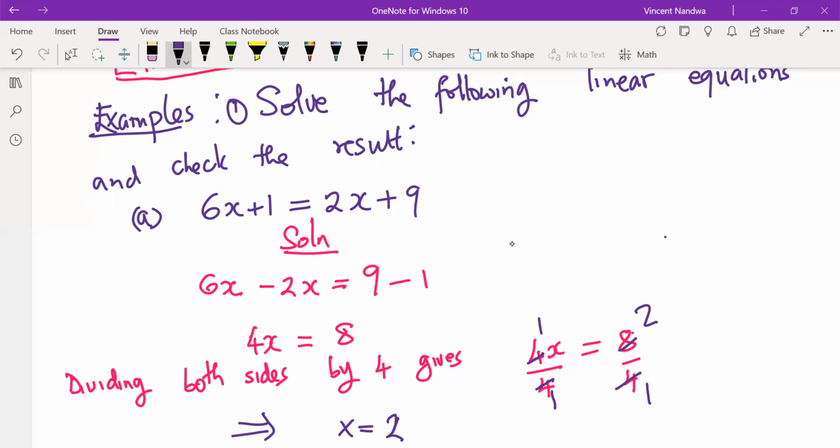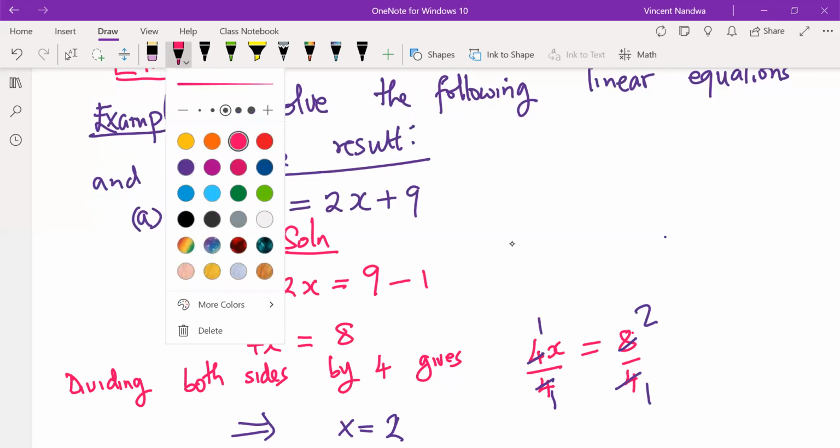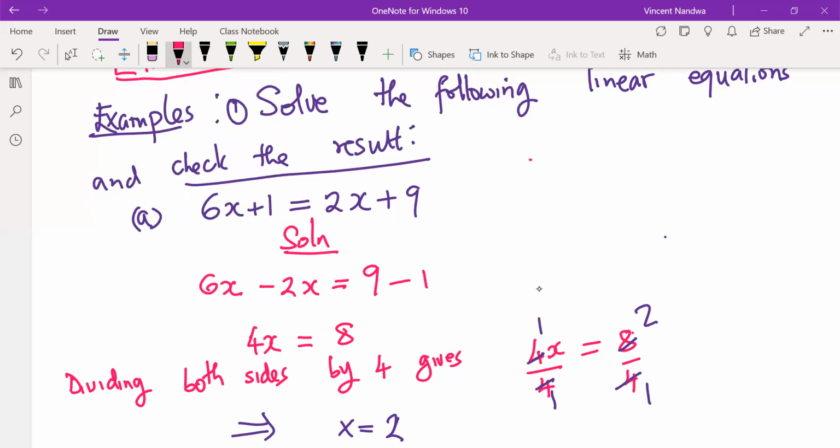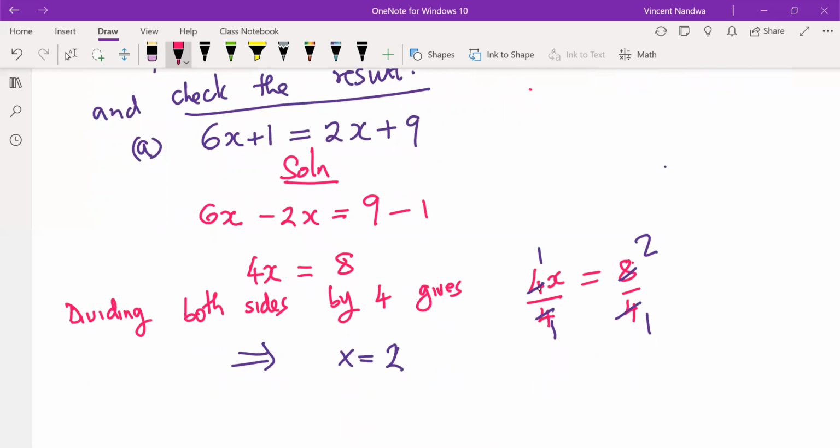But then to check the result, we have to confirm that when x is replaced by 2, both sides will give the same number. So check. Left-hand side, we have 6, where this x we put 2, plus 1.